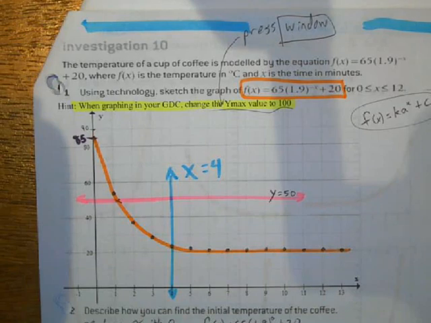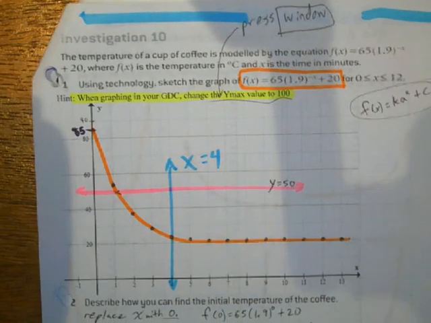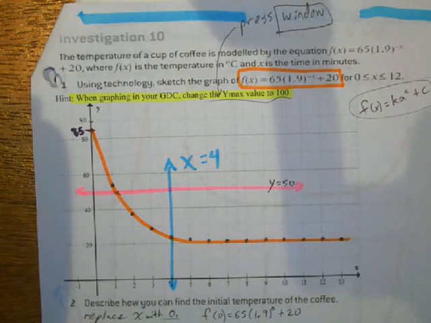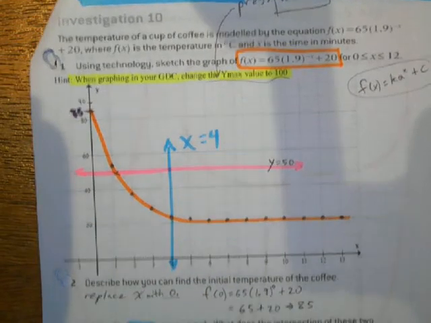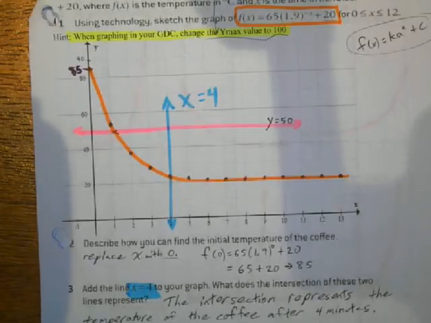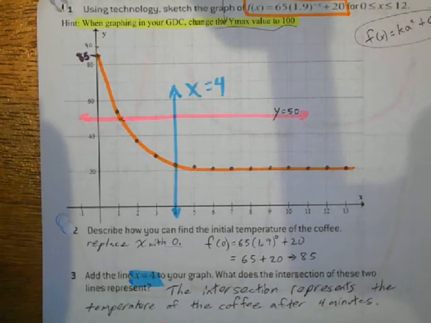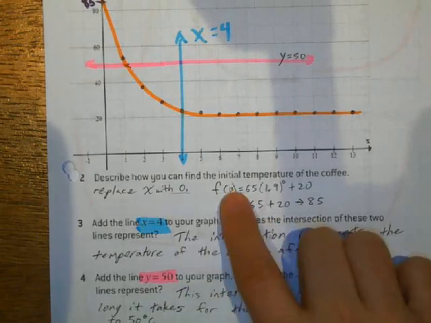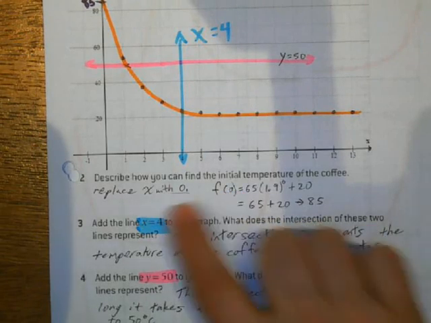Okay, so I want you to try to answer the next questions on your own. And I'm going to put up the answers in just a second. Okay, so how did we find the initial temperature?